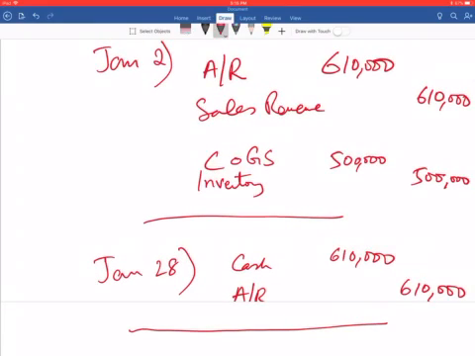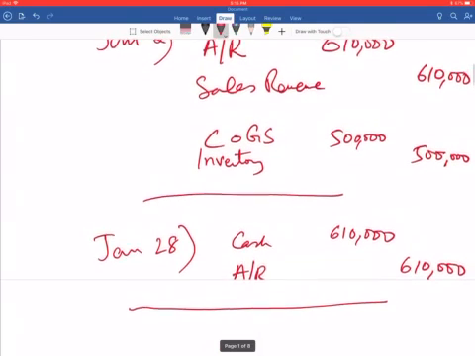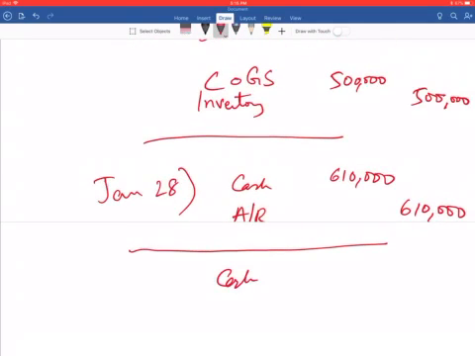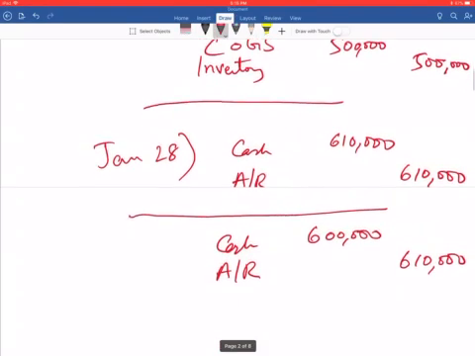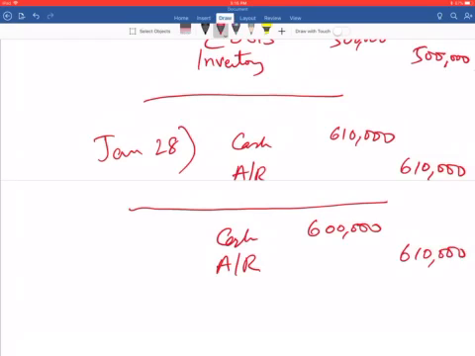But under the gross method, we assume the customer is going to pay us 610,000, right? So in that case, our cash will be 600,000. Our accounts receivable is going to be 610,000, because we assumed the customer is not going to take the discount, and generally customers don't. And then there's this 10,000 debit missing.